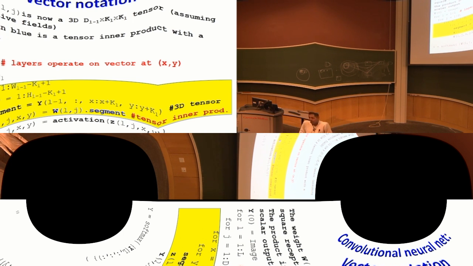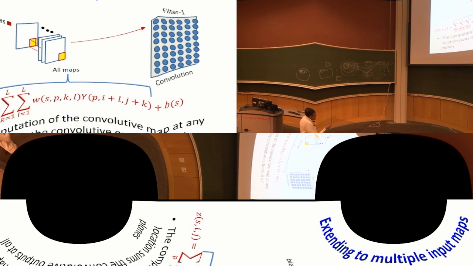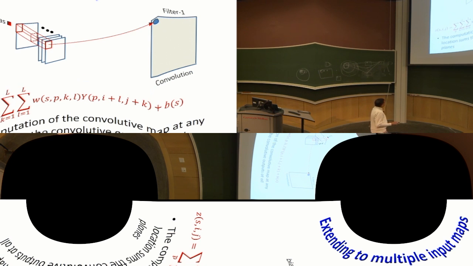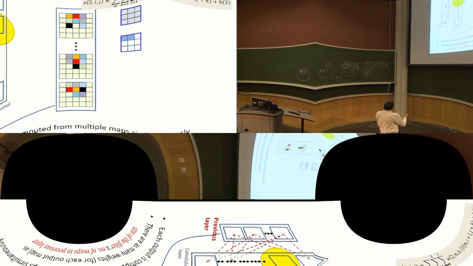Yes? So your input is one photo with multiple layers, like different colors, right? Yes, that's for the overall network, but when you get to the second layer, now it's no longer a photo, right? But it's still going to have the same structure. So think of what happens. In the first layer, this would be a photo, correct?